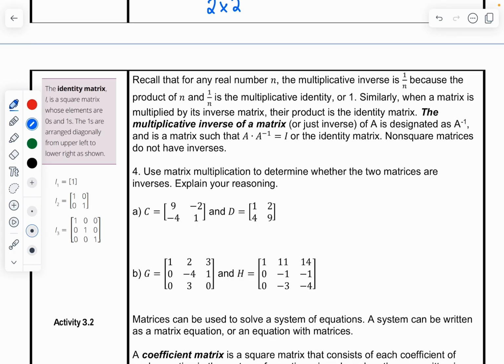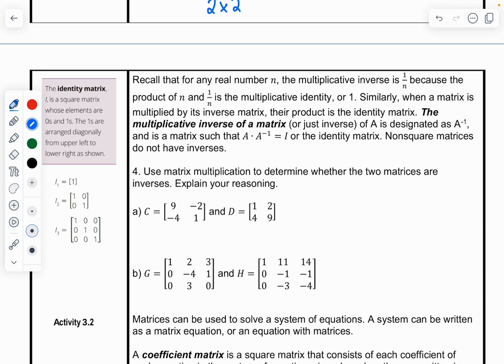Okay, so now, recall that for any number n, the multiplicative inverse is 1 over n. Because the product of n and 1 over n is the multiplicative identity, or 1. Similarly, when a matrix is multiplied by its inverse, their product is the identity matrix.